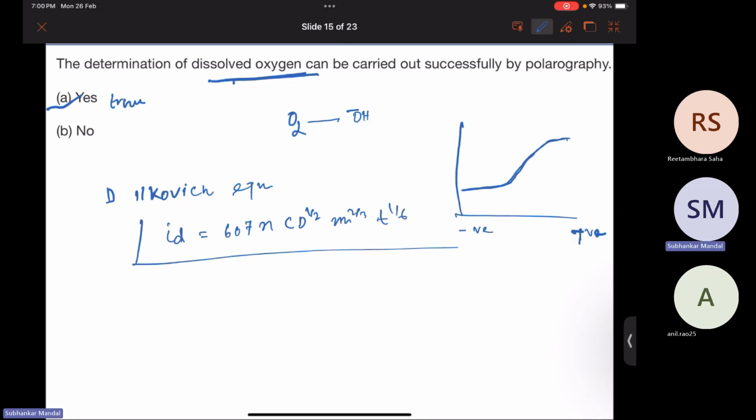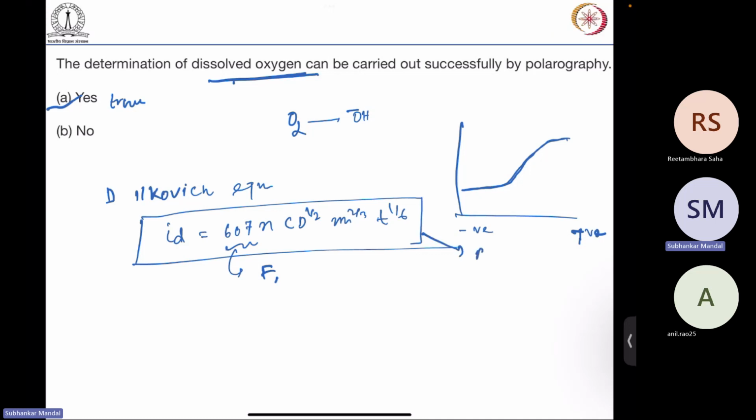This is the Ilkovic equation. Here the Faraday constant and all these things are included, and this is for room temperature. So this equation is there.